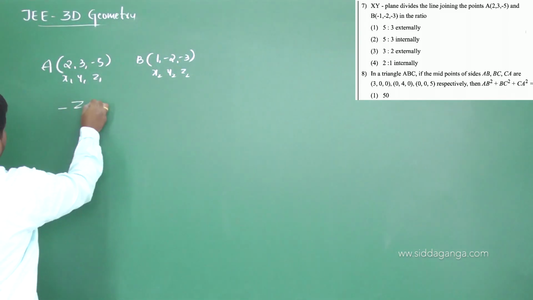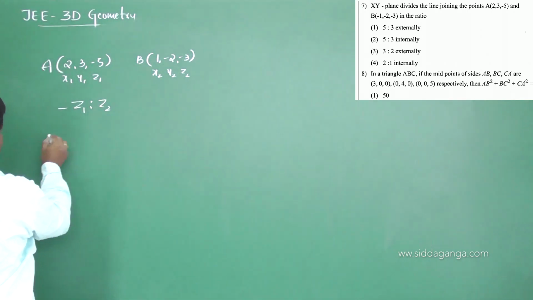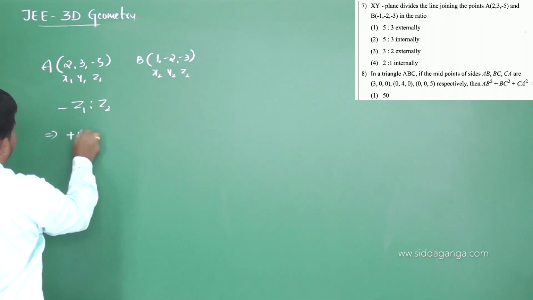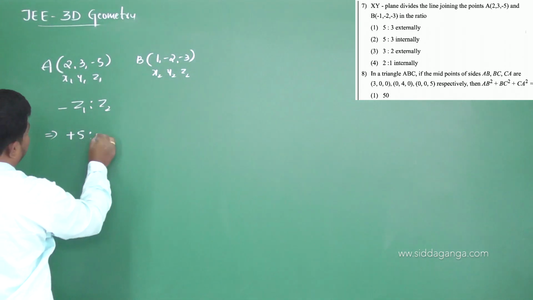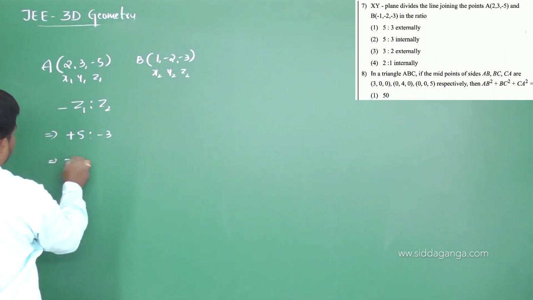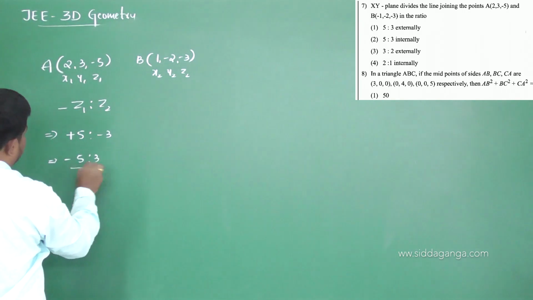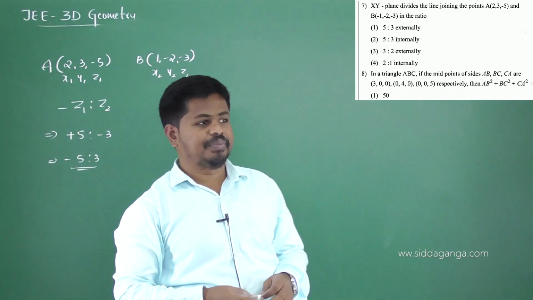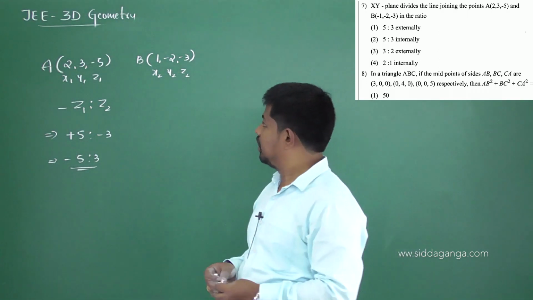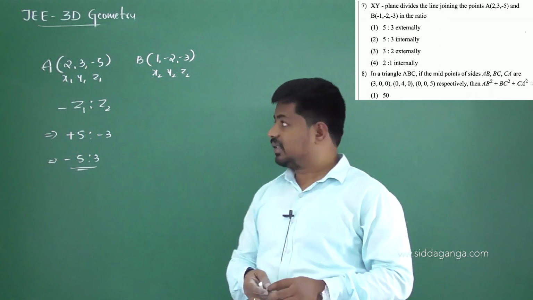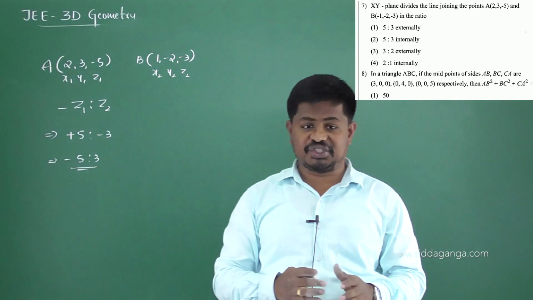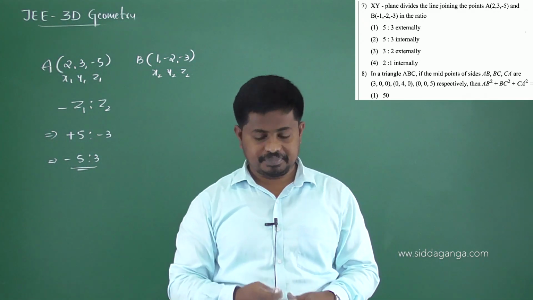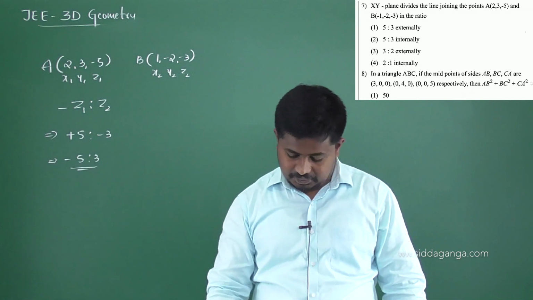Minus z1 is to z2. So minus z1 is what? Minus of minus 5 becomes plus 5 is to z2, that is minus 3. So 5 is to minus 3. Whenever you get a negative ratio, that implies the xy plane divides the line joining AB externally. Therefore, option first is the correct one, 5 is to 3 externally.